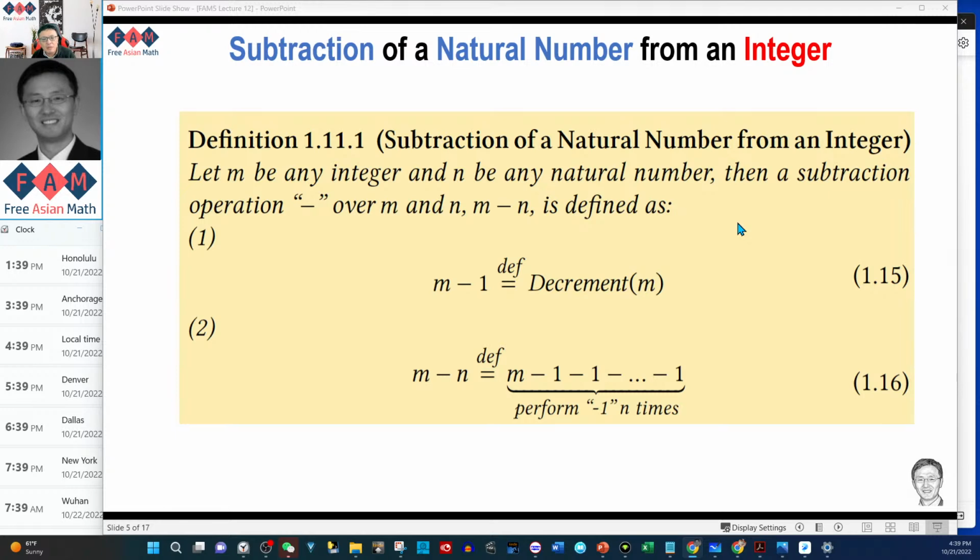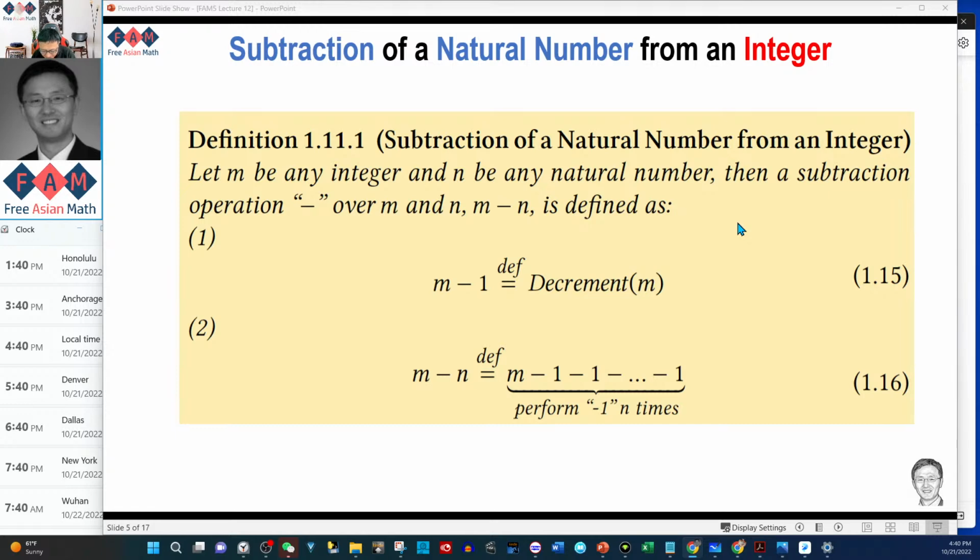It's important to understand this is different from our earlier subtraction definition, which only applies to subtracting a smaller natural number or equal natural number from another natural number. Now the difference is that we can subtract a natural number from any integer. It doesn't have to be another natural number.